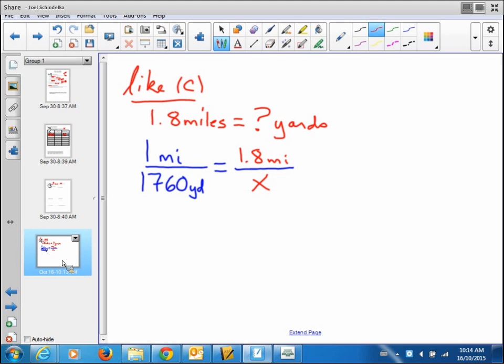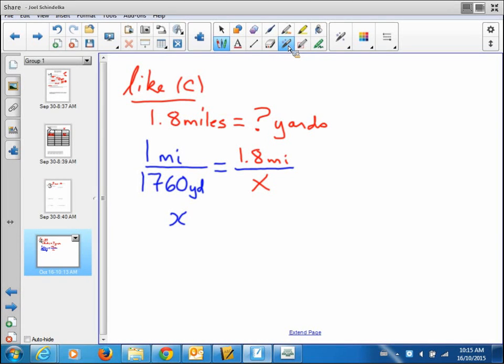So then, I know you know how to solve these, but I'll do this in case someone's watching the video not sure again. You're solving for X, cross multiply the diagonal numbers, and divide by the loner. In this case, it's 1.8 times, type it in, 1,760, divide by 1. Now, if you know a thing or two about math, you don't have to divide by 1, but you always divide by the loner.